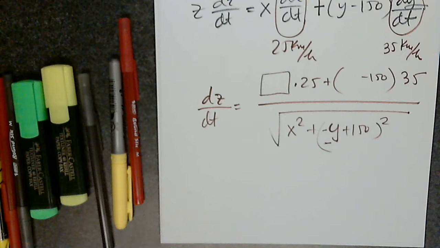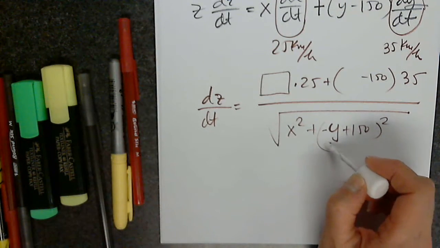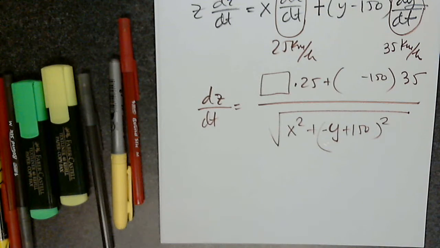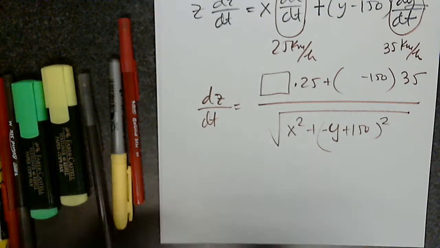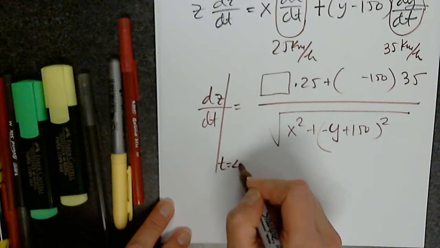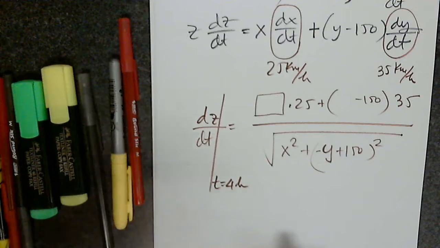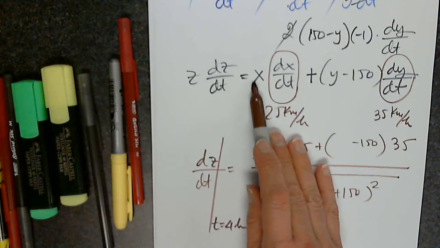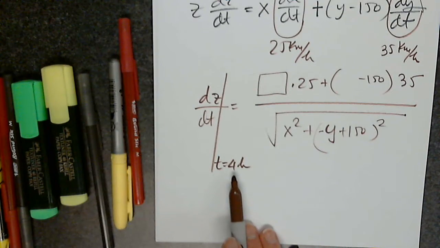Okay, so now we're asked to determine dz over dt when time is exactly 4 hours. Good. So how much is x 4 hours later?